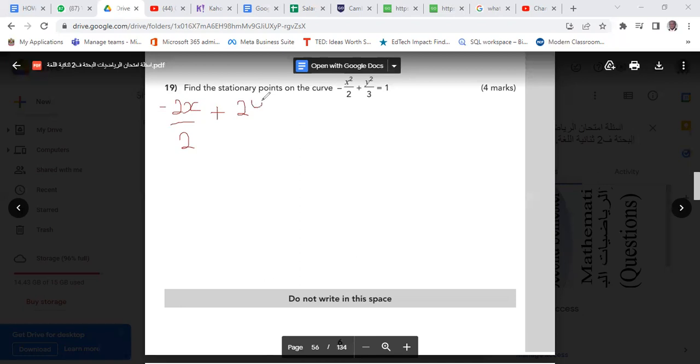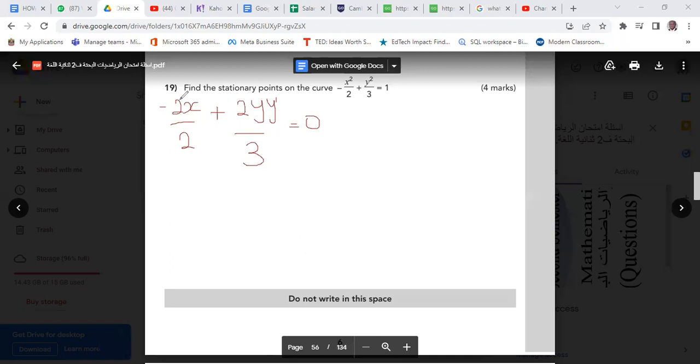So I have 2y over 3. The 2 and the 3 below are just numbers, so they are not affected. But because it is implicit, I have dy/dx, which is y prime. Are you following me? Is equal to what? If I differentiate a constant, what do I get? I get 0, so that's gone. Is equal to 0. If I differentiate 1, I get 0.